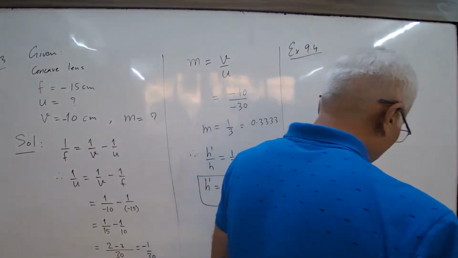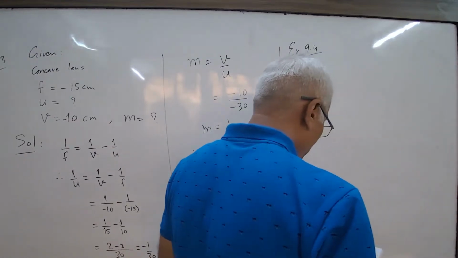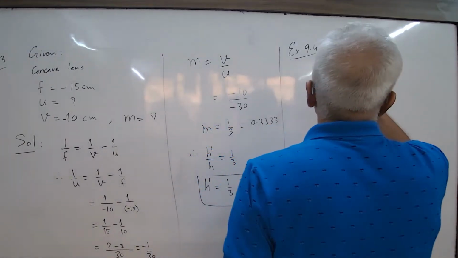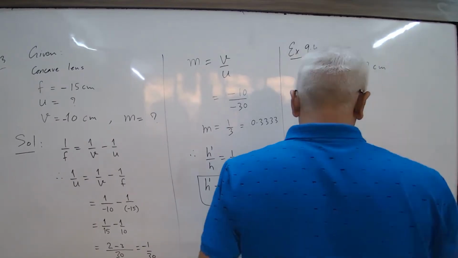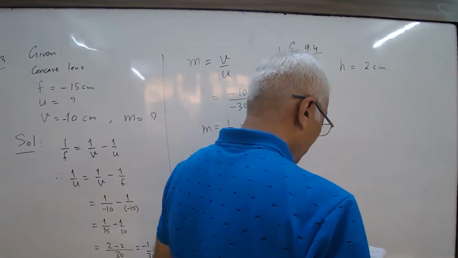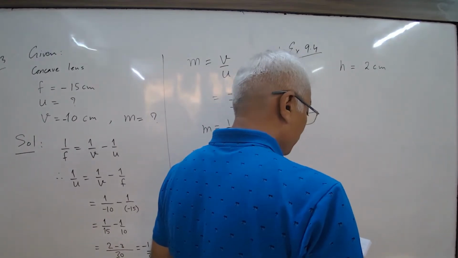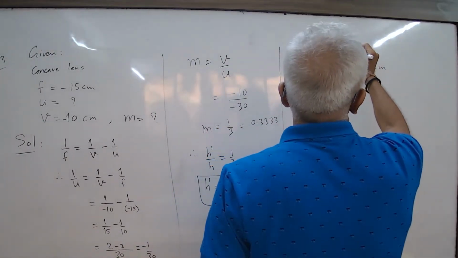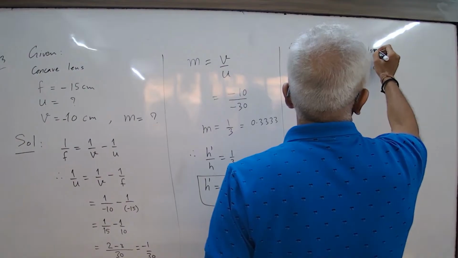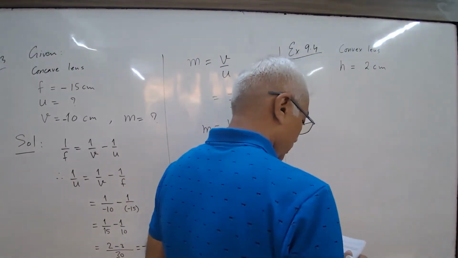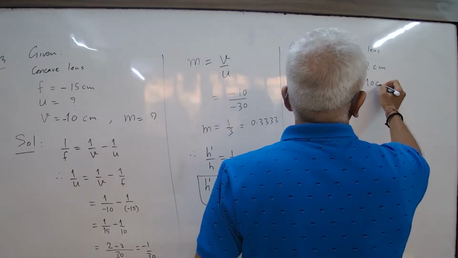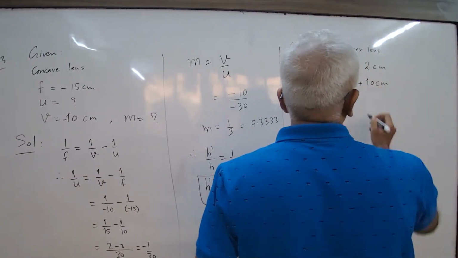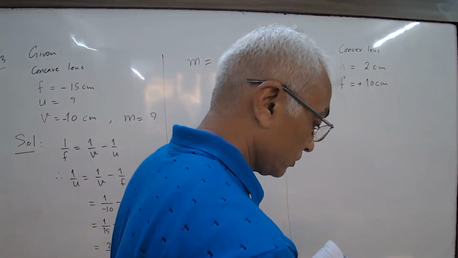So what is given is a 2 centimeter tall object. So the object length is 2 centimeter, placed perpendicular to the principal axis of a convex lens. Also given is a convex lens of focal length 10 centimeter. So for a convex lens, the focal length has to be positive only.